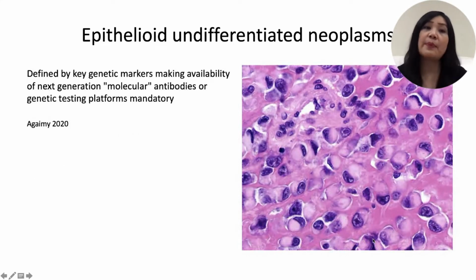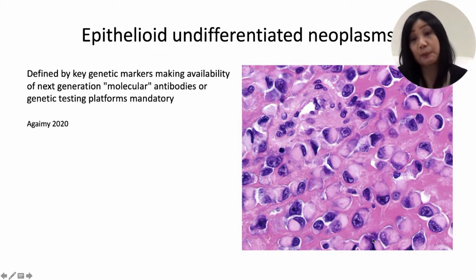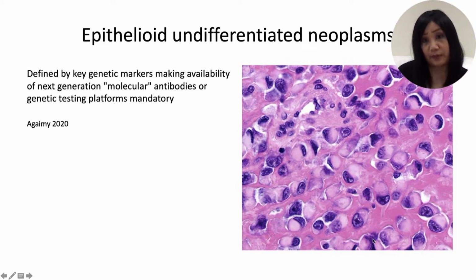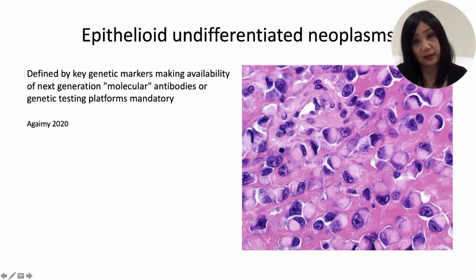These epithelioid undifferentiated tumours are frequently defined by key genetic markers, which means that, unfortunately, it benefits us to have access to a molecular genetics laboratory or have molecular markers derived from these genetic alterations, i.e. SMARCB1 and SMARCA4.